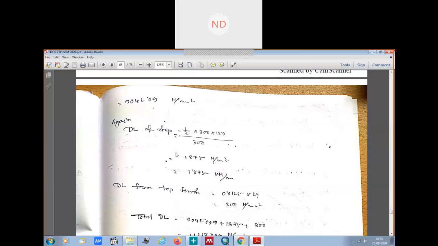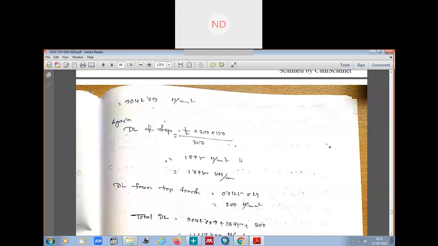So that will give you the dead load of the step. We got it to be 1875 Newton per meter square, which in kilonewton per meter square is 1.875.